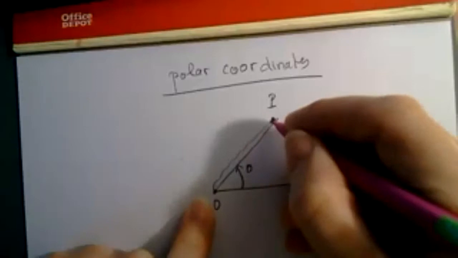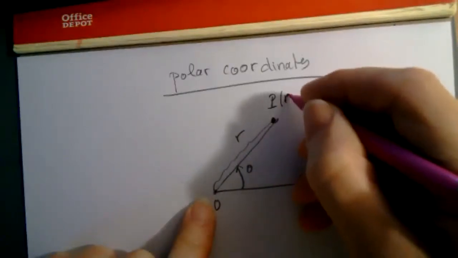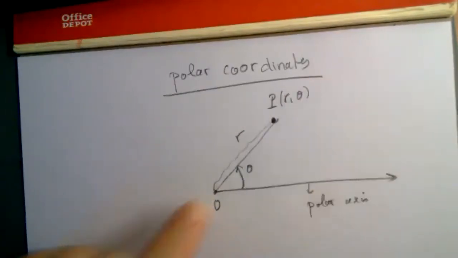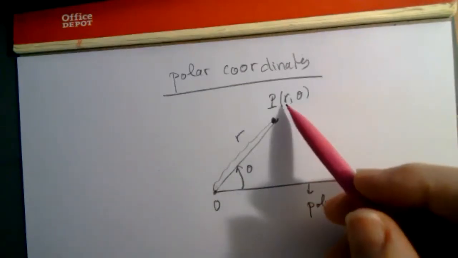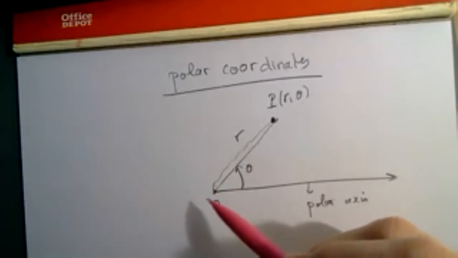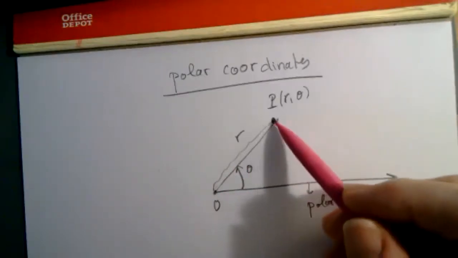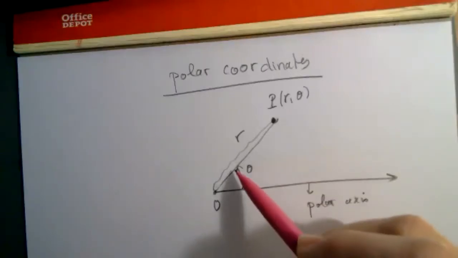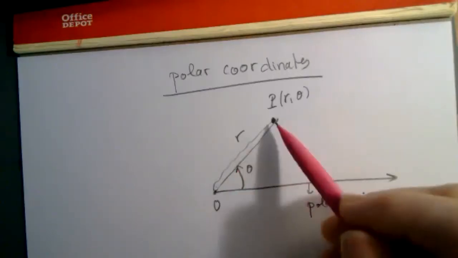And first we said the distance from the point to P. The first definition was R is the distance from O to P, and theta is the angle between the positive x-axis and OP.